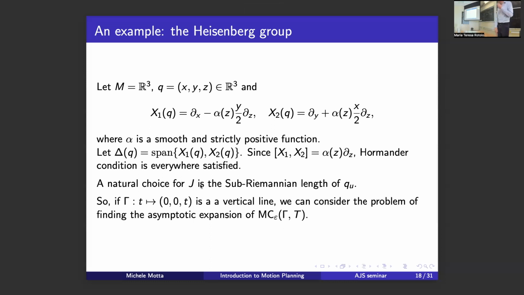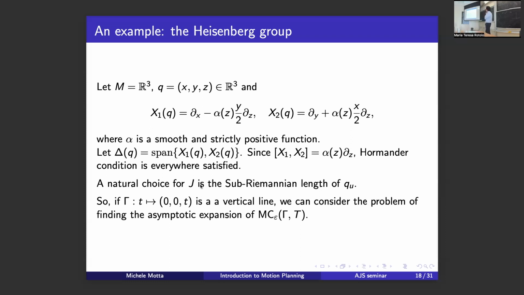And so what we want to do is to find the complexity of the curve gamma, which is vertical, in the sense that this curve moves along the z direction, which is not accessible, it is tangent to the bracket of the vector fields that span the distribution.